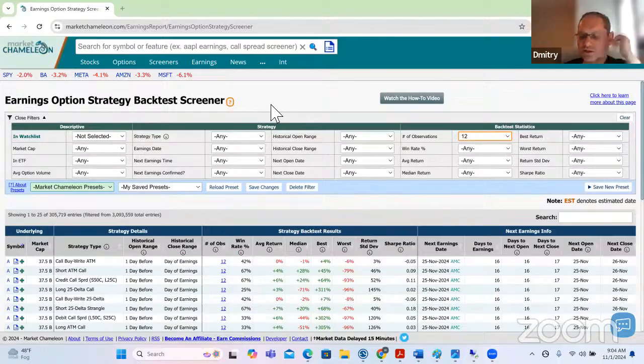And when we look at history, we may ask ourselves, how did a strategy of just being long a call perform? Because the stock's not going to go up every time. Sometimes it will stay the same, sometimes it will go down, or it'll go up a little bit, so the call will lose value.